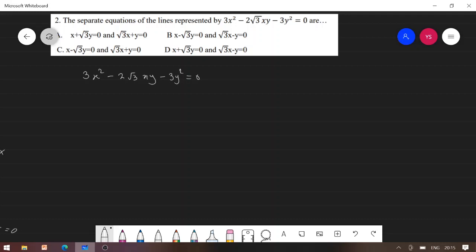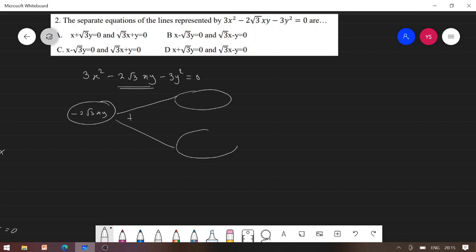So you may use here the method of factorization. We have to split the middle term, that is minus 2 times root 3 xy, into two terms such that after adding them it gives us minus 2 times root 3 xy, and after multiplying them it gives us minus 3y square into 3x square, which becomes minus 9x square y square.